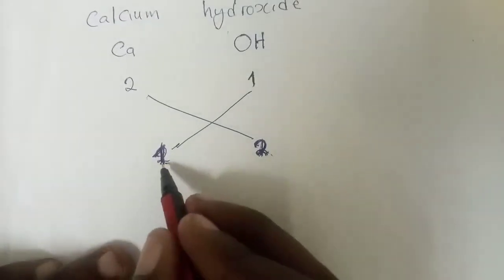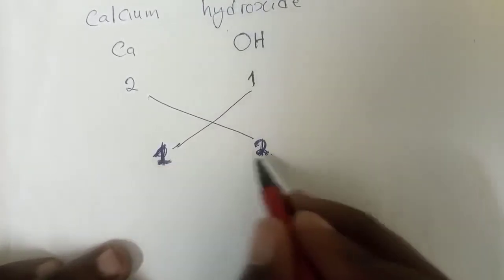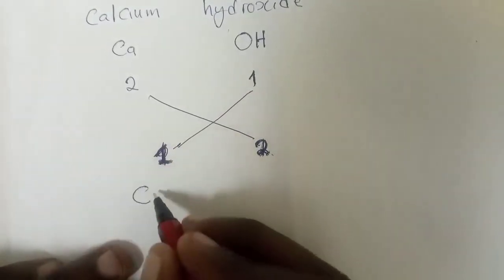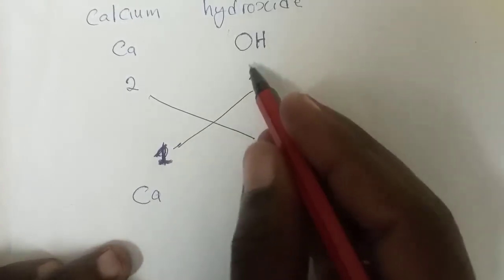You can even tell that when you divide, you look for a common factor, and the common factor is 1. It is just going to give you the same thing, meaning that there will be only 1 atom of calcium and 2 atoms of hydroxide.